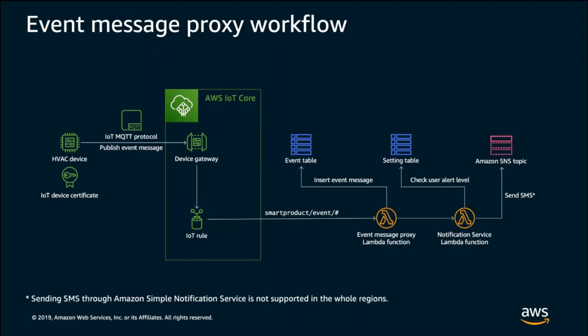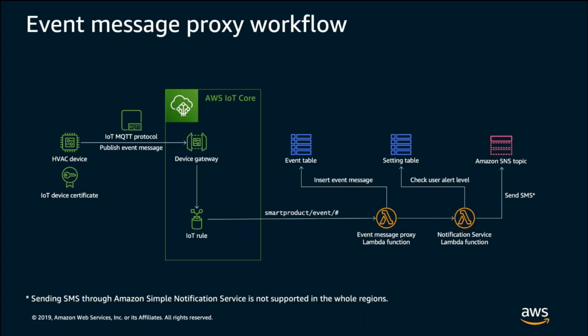The event message proxy service workflow starts from the device. Maybe manufacturers or device users can set the event message in devices so devices can send events to AWS IoT Core. When a device publishes an event message to the event topic, the rule engine sends the message to the event message proxy Lambda function.